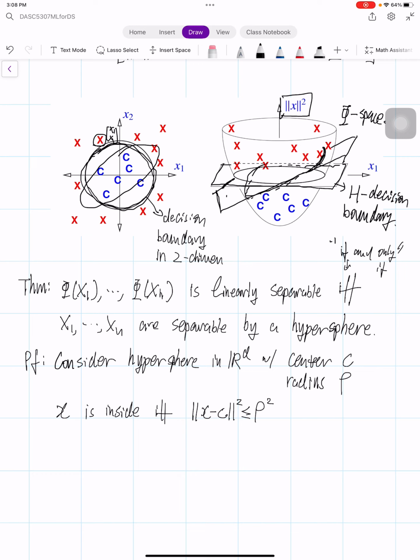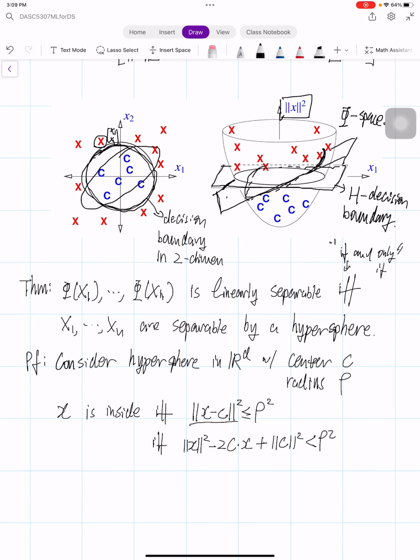This is equivalent to expanding this vector, so it can be written as the norm of x squared, minus 2 c dot product with x, plus c squared, less than rho squared.